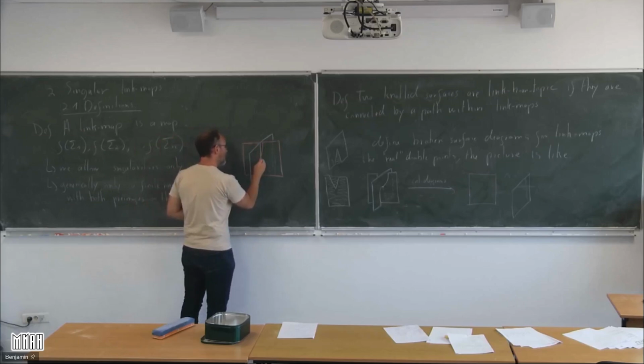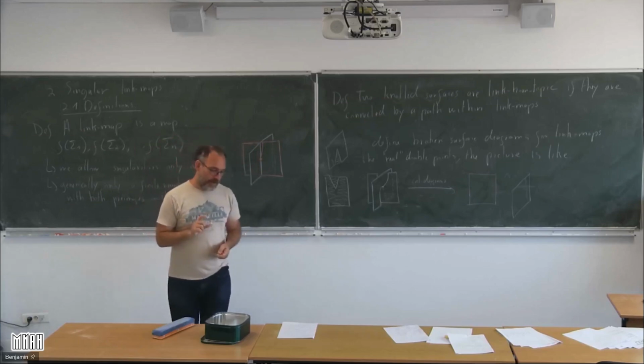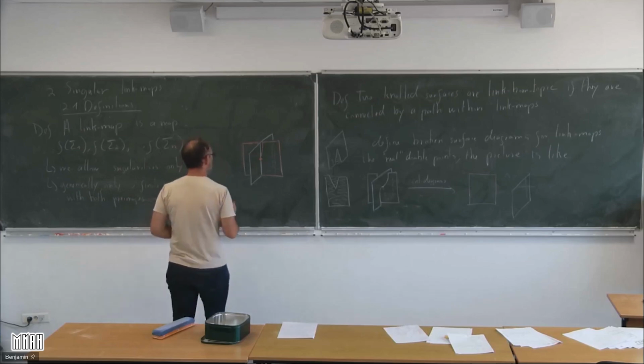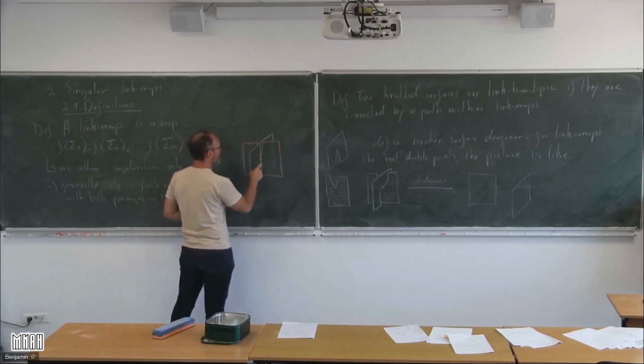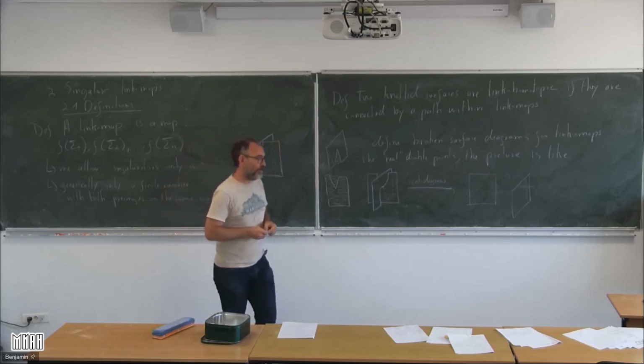And on this part, the relative position has changed so that it is not anymore the red sheet which is below, but it is now the blue one. So I will have to remove a band from the blue one.